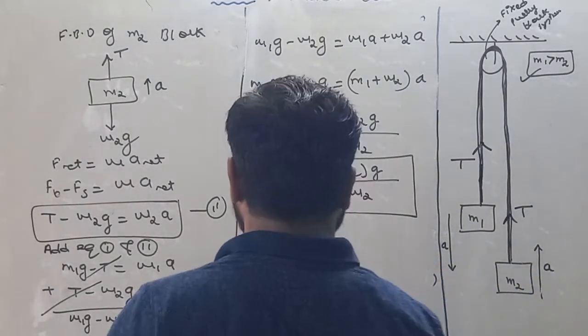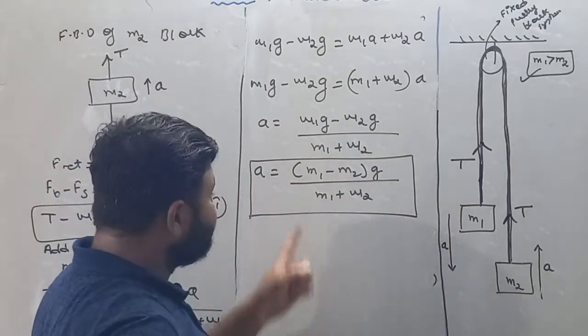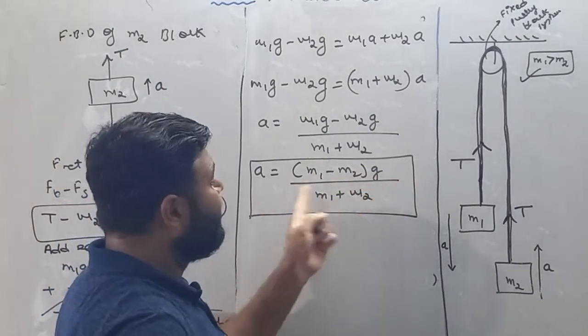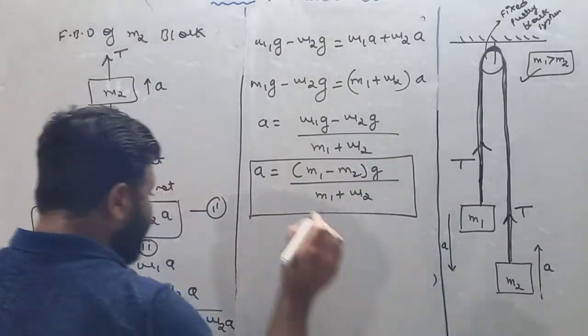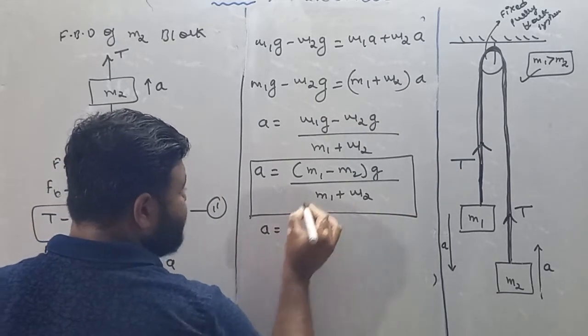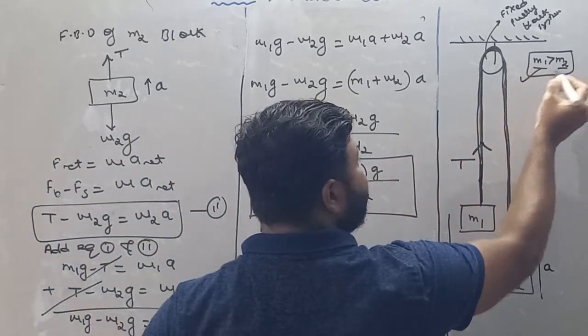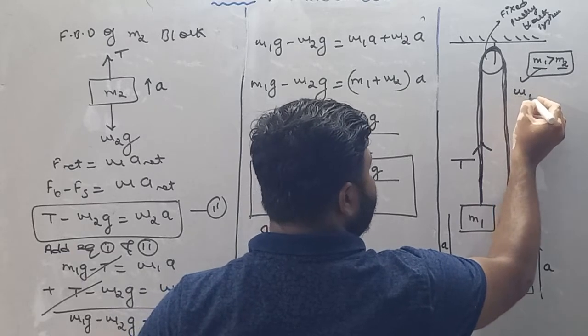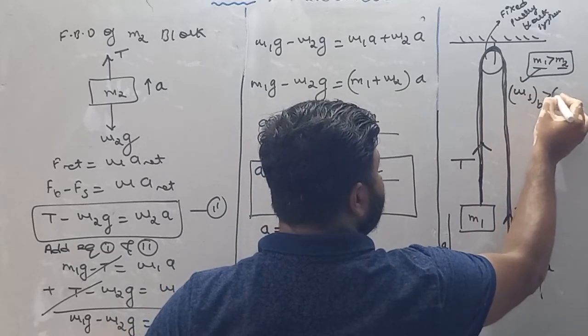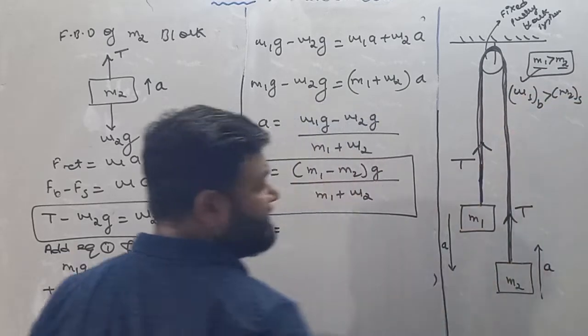Now see, my dear student, you don't have to learn it like this. You have to learn it like this. As we know, m1 is greater than m2. It means m1 is the bigger mass compared to m2, which is the smaller mass.